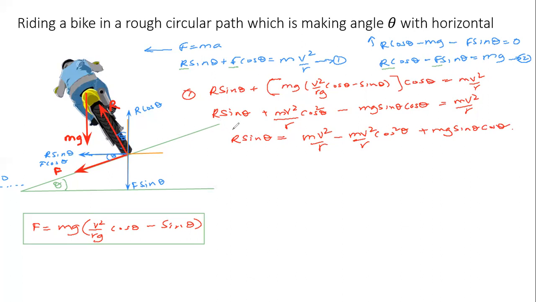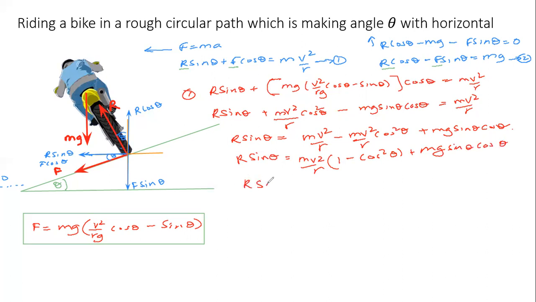Now I can write r sin theta equals mv squared over r, which is common in these two terms. If I pull that out, 1 minus cos squared theta, plus mg sin theta cos theta.